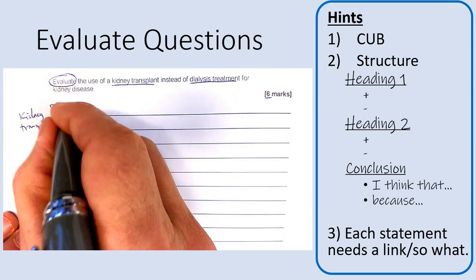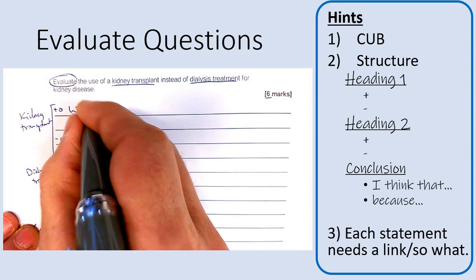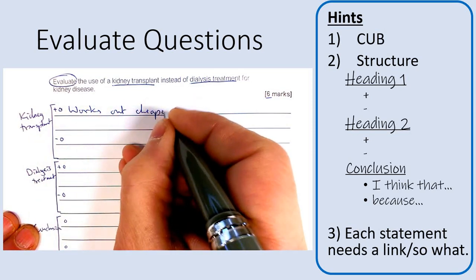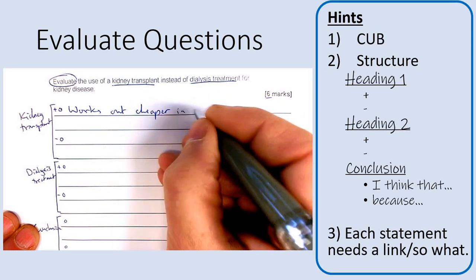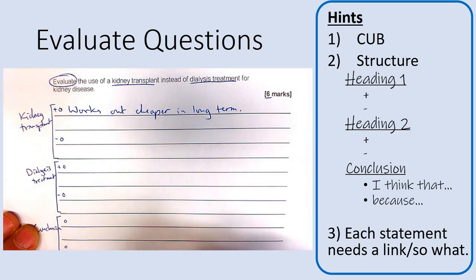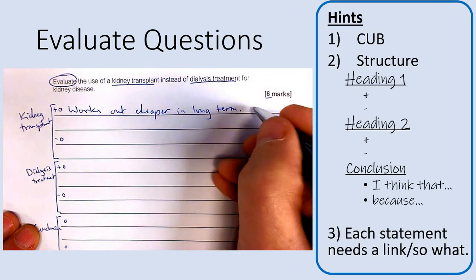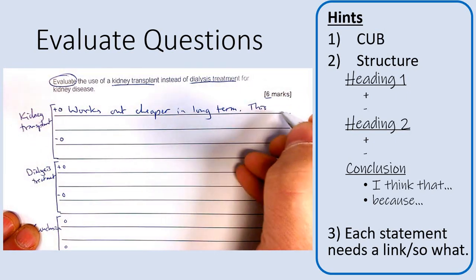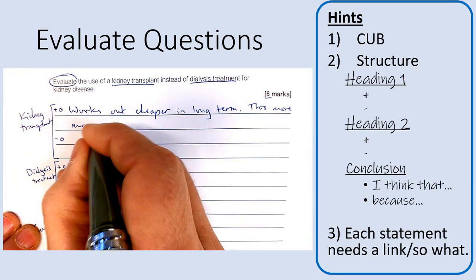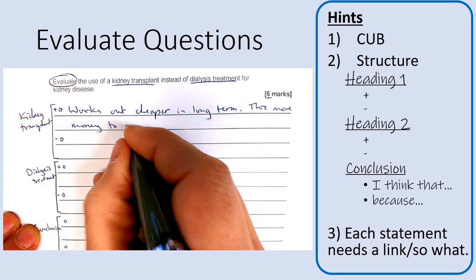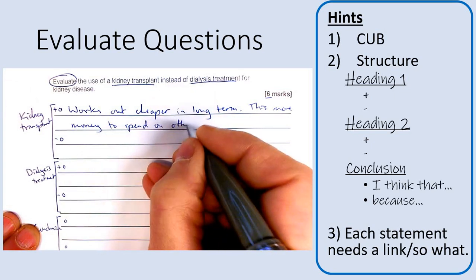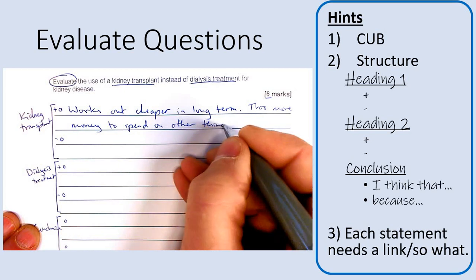So, the positive is it works out cheaper in the long term. Why is that a good thing? Okay, this means the NHS or whoever it is has more money to spend on other things. We have to make sure we add our so what.